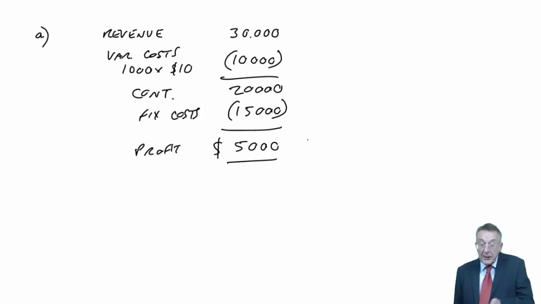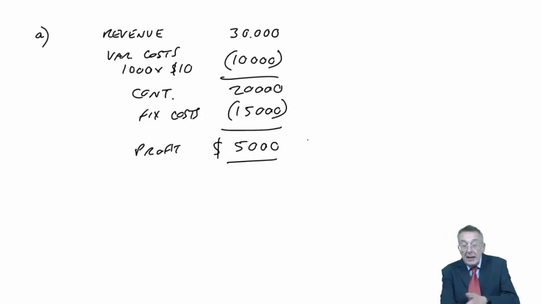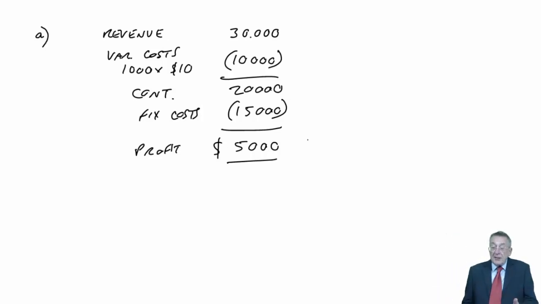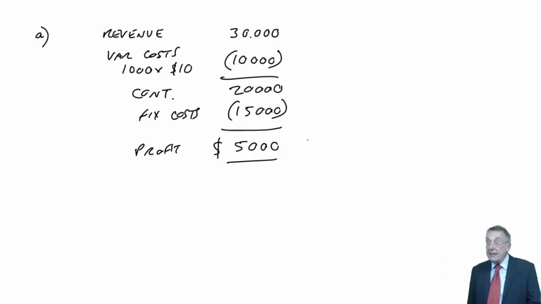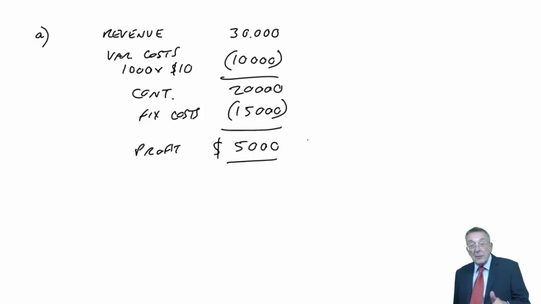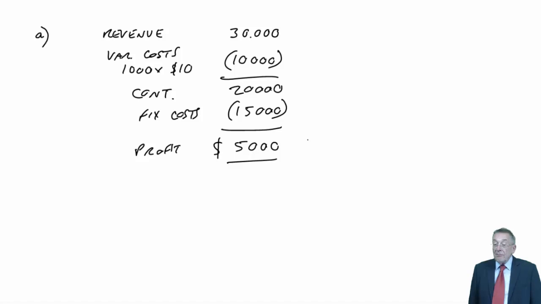Suppose, for instance, the fixed costs turn out to be different from 15,000. If the fixed costs are lower, things are even better: lower fixed costs, more profit. What if the fixed costs are high? If they're 16,000, profit's only 4,000, but it would still be worth going ahead, provided we are making a profit. Even if the profit was only $1, it's worth going ahead.